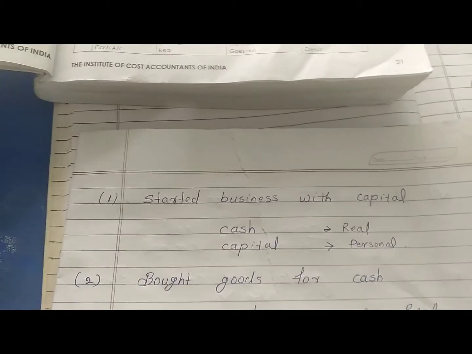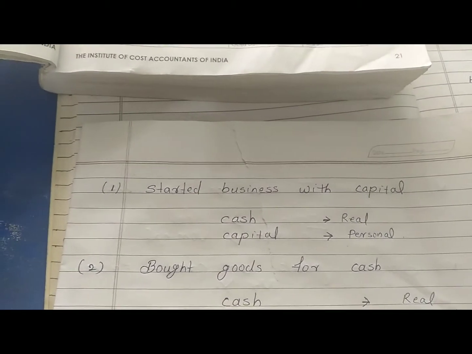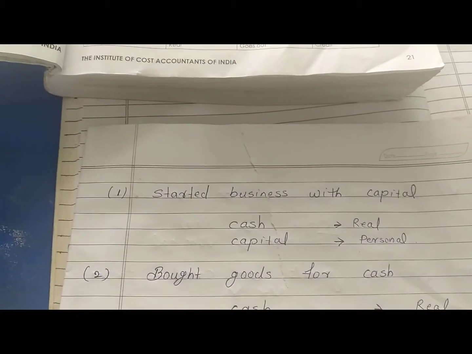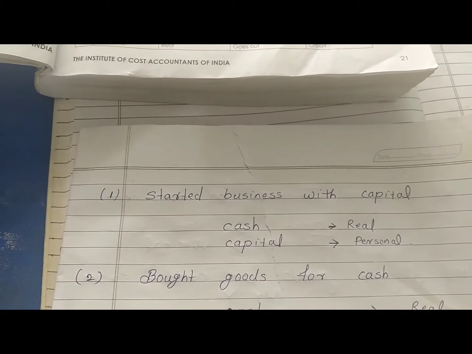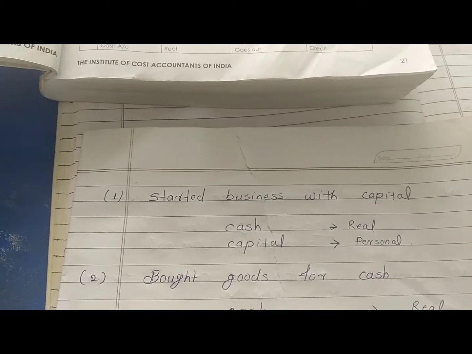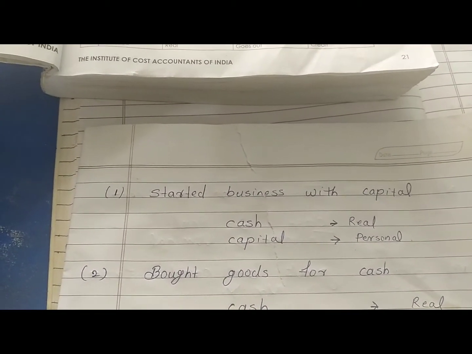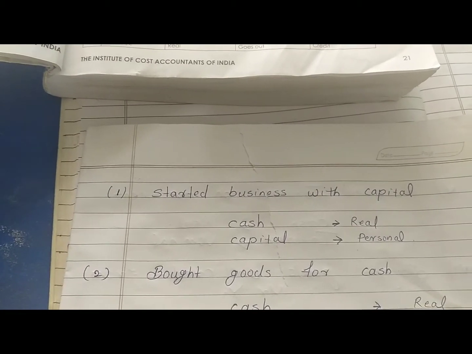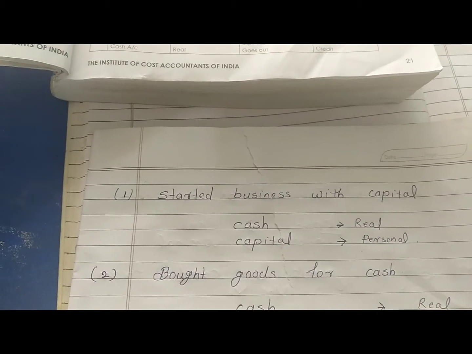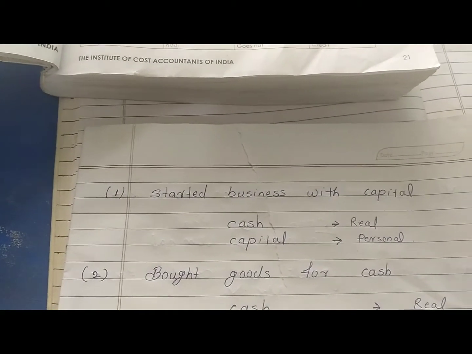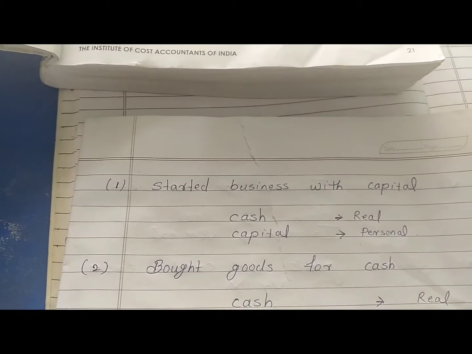Actually, capital is a representative personal account. Capital represents the owner of the business, who invested some money into the business. So we have two accounts involved in this transaction: one is capital and the other is cash.